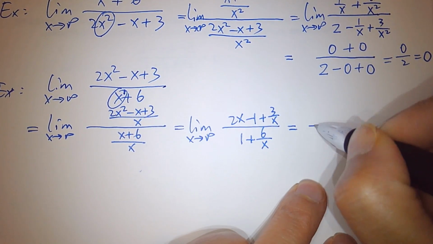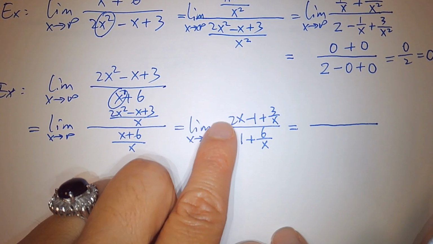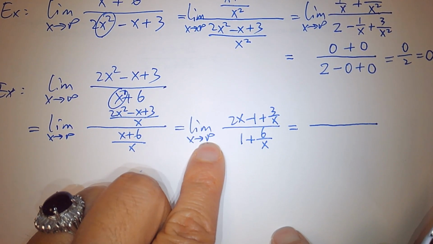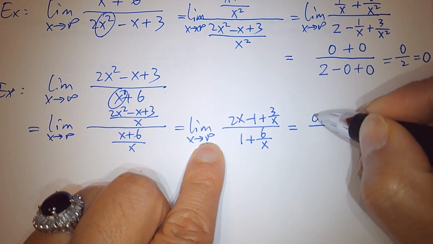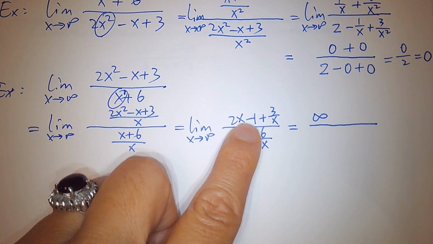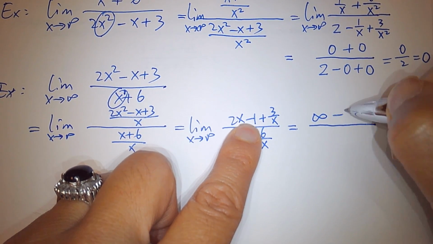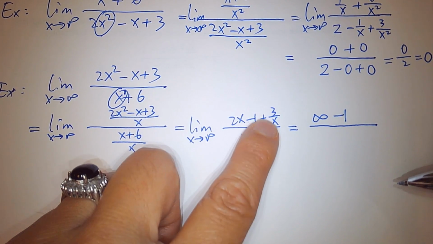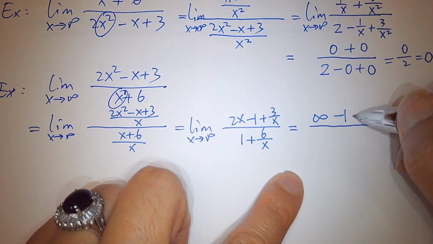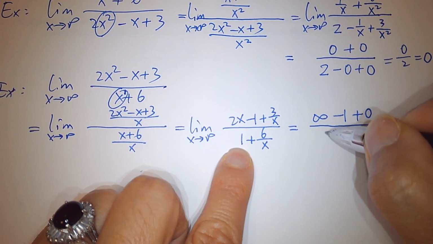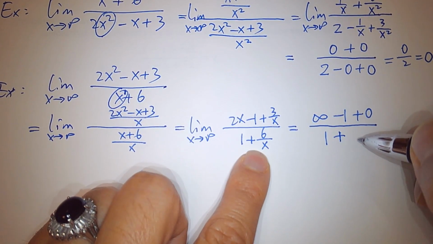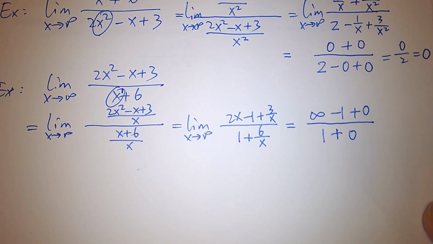Let's see what we will have, okay? 2x, x goes to infinity. Negative 1 is a constant, we keep it. 3 over x, x goes to infinity, 0. Constant 1, 6 over x, 0.